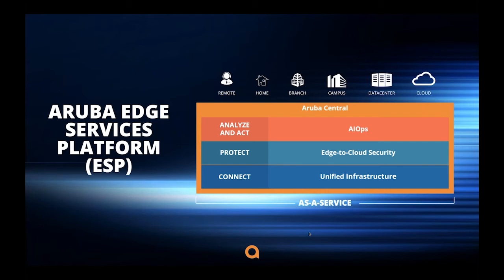And then finally, the third tier is the Analyze and Act, which is AIOps, which allows you to provide visibility within the environment. It understands what's normal, the behaviors within the environment, uses AI to identify anomalies or issues, and allows you to get ahead of problems. So we'll talk a little bit more about how EdgeConnect will also be tying into AIOps as well. But like I said, most of the discussion today is going to focus around that Protect layer within the ESP platform.